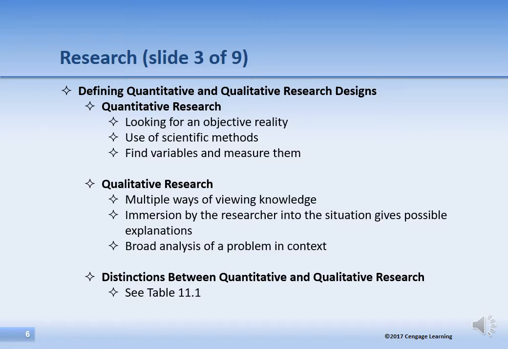Some of the topics discussed on this table include assumptions about knowledge, research methods that can be used, biases and validity issues, goals and generalizability, and the role of the researcher when conducting the research. It's a very helpful table, and I recommend spending some time looking over the table and understanding the differences between quantitative and qualitative research methods.